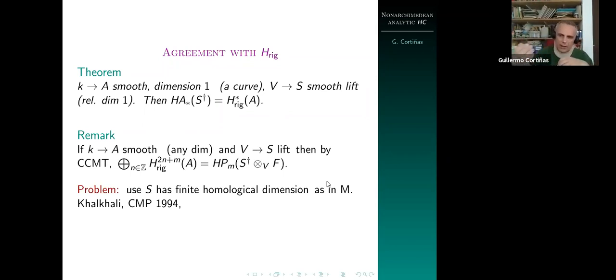Using this connection and the big B operator, and iterating compositions of nabla, the connection, and B, you get a contracting homotopy, a homotopy equivalence between the periodic cyclic complex and the analytic cyclic complex.